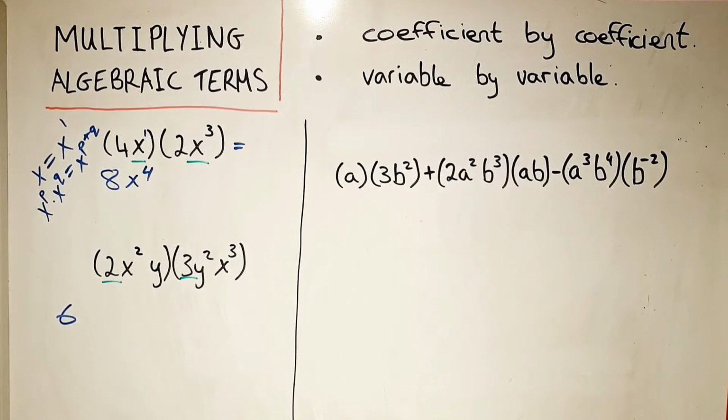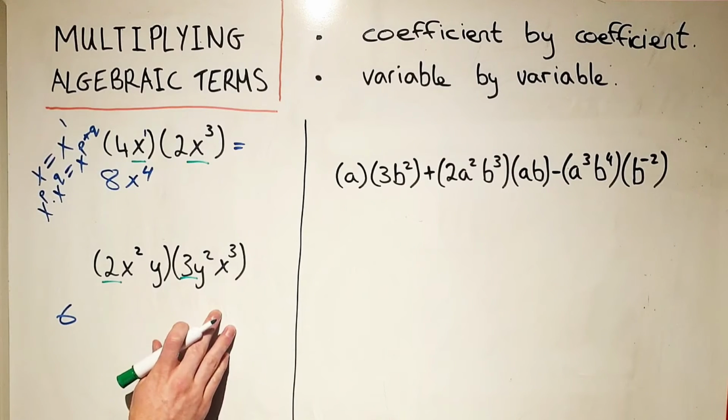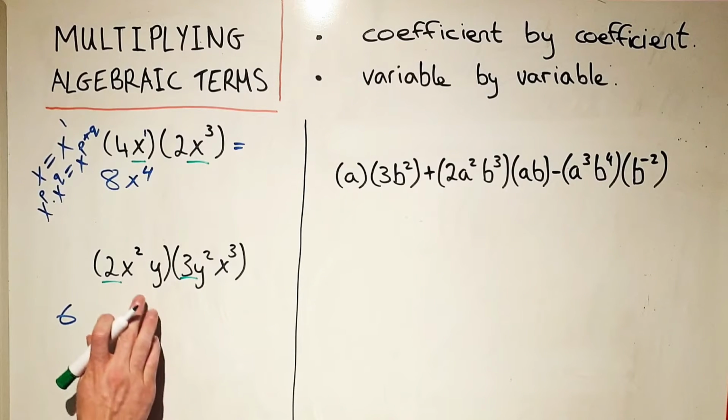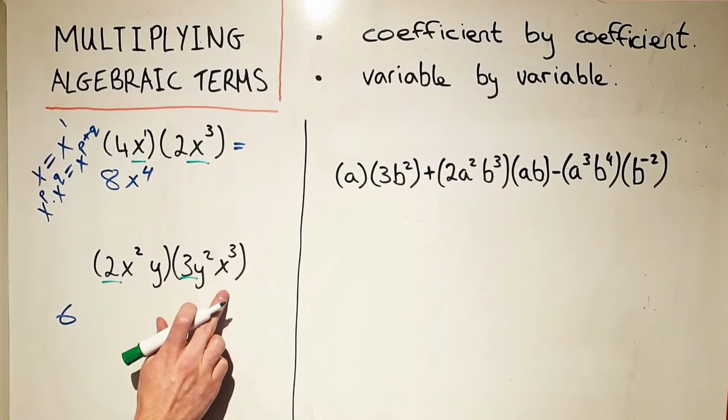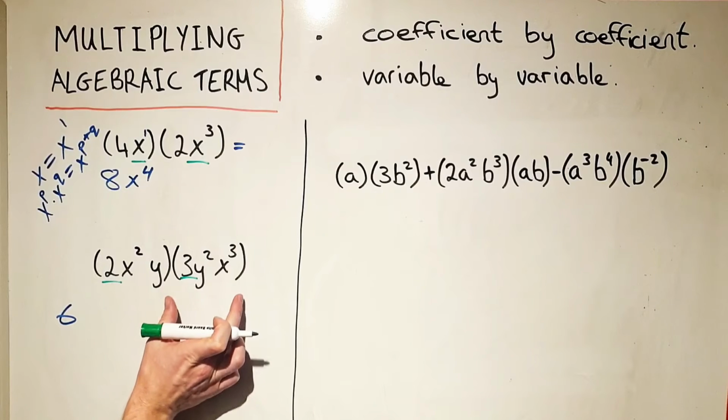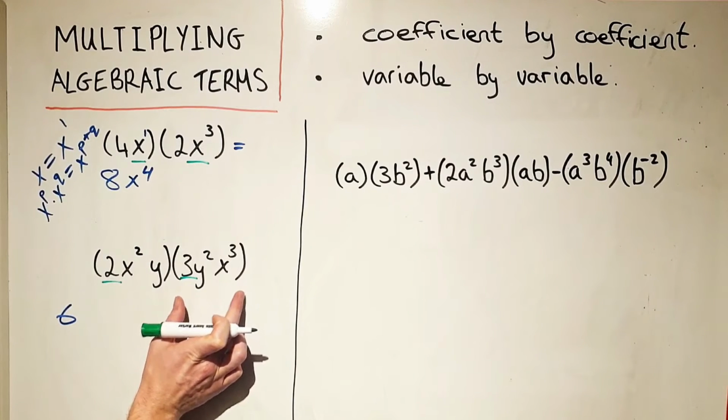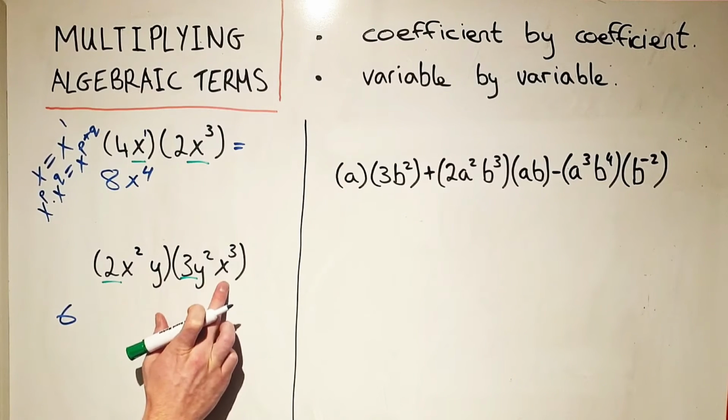Now we have to multiply the variables. An important point to note is that one variable, say x, will only multiply with its counterpart in the other set of brackets, the other expression. So this x will multiply with this x.